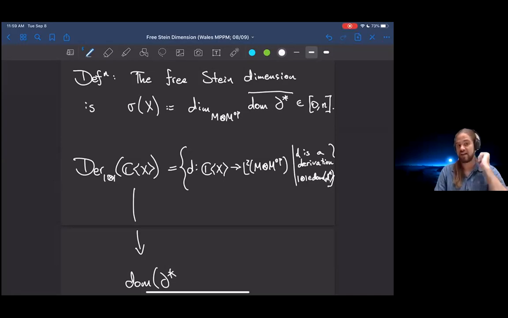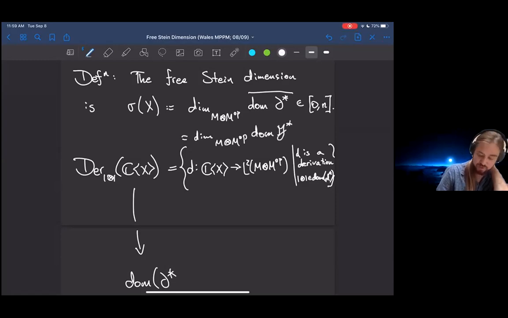The question is on the definition of free Stein dimension, whether it should be the domain of J star as opposed to partial star. It turns out that both are modules, and they're related simply by a factor of 1 over n. If you put the free Jacobian here instead, still taking the closure, and you normalize by 1 over n, then these quantities are equal.